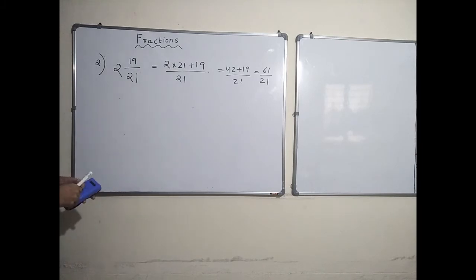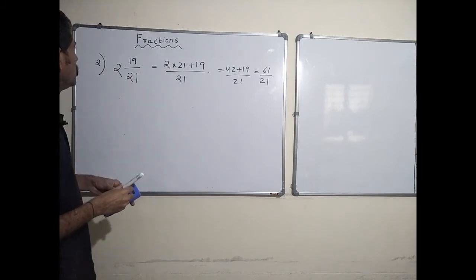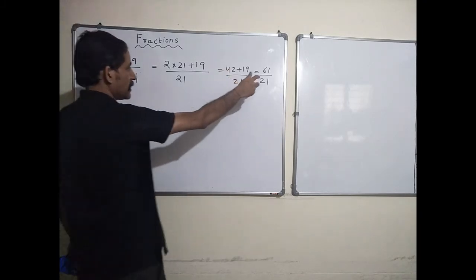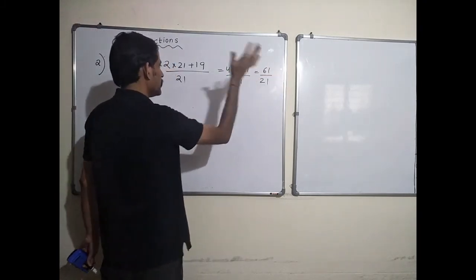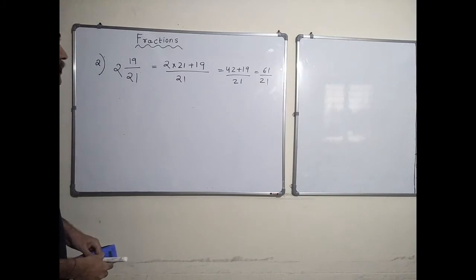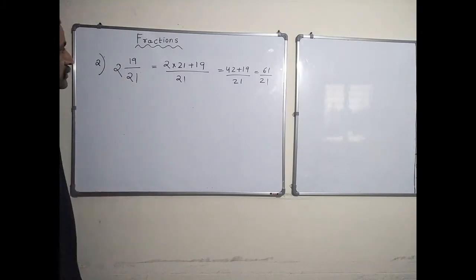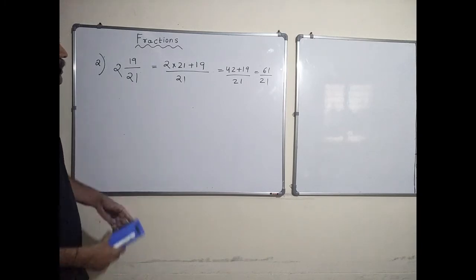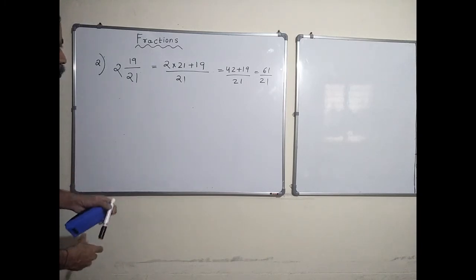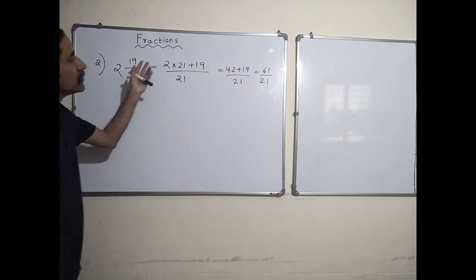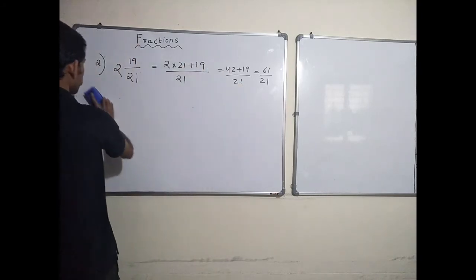So this is the improper fraction, again because numerator is greater than denominator, right? I hope this is clear to you children. That shouldn't be a problem, this is pretty simple. Okay, so this is how we convert from mixed fraction to improper fraction.